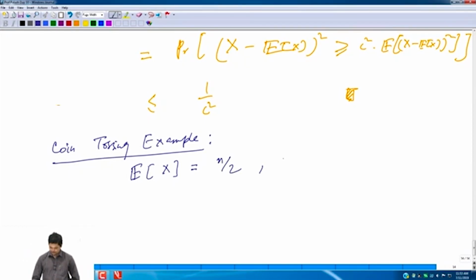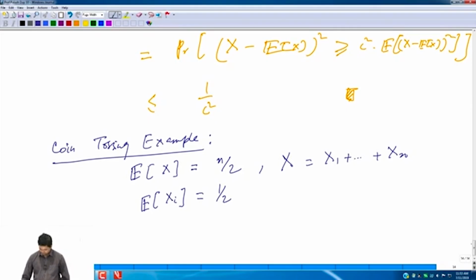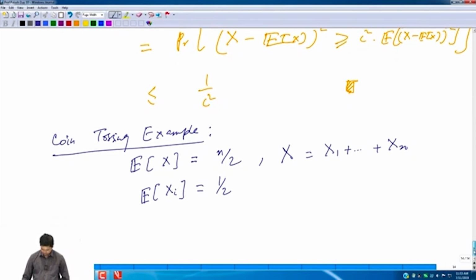And what data we had, x equal to x1 plus up to xn, and we also had that expectation of xi is half, right?